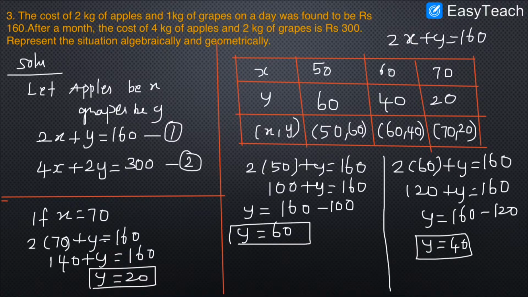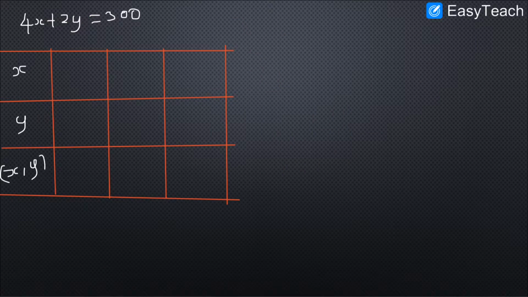Let's find out the vertices for the second equation, which is 4x plus 2y equals 300. Here I am going to substitute some values: 70, 80 and 90, whatever it is.